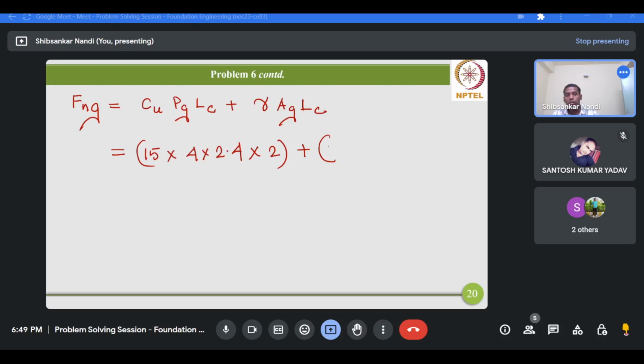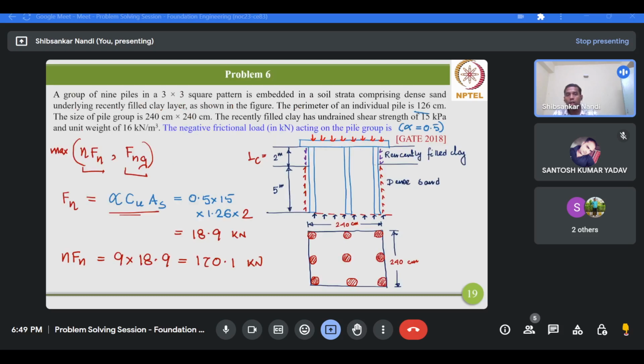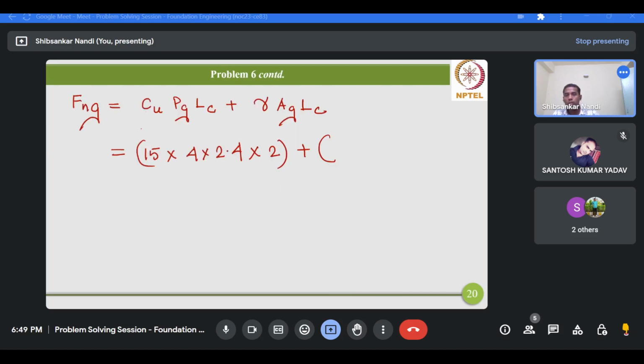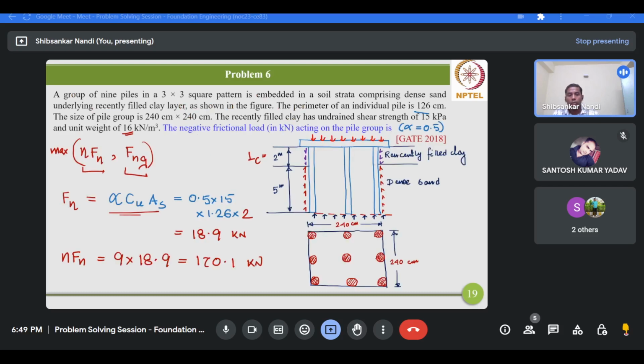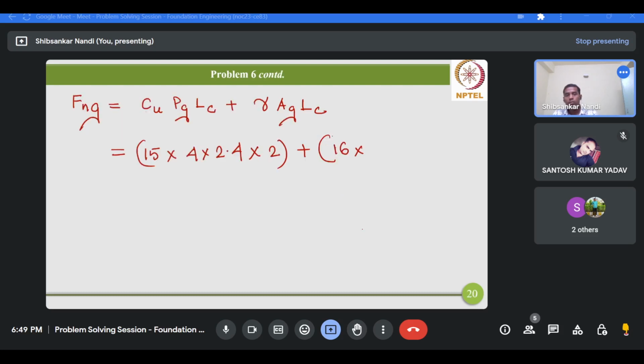Okay. So the unit weight of the soil is, I hope, given as 16 kilonewton per meter cube. So this is 16. And what is the area of the pile group? So this will be 2.4 times 2.4, that means 2.4 square, and Lc is 2 meter. Okay.